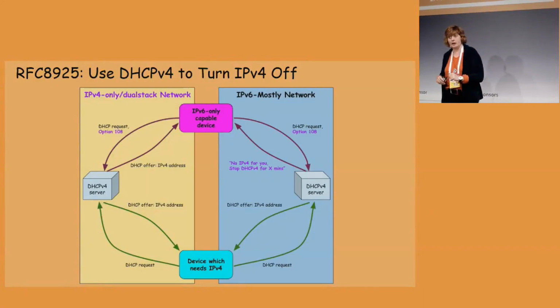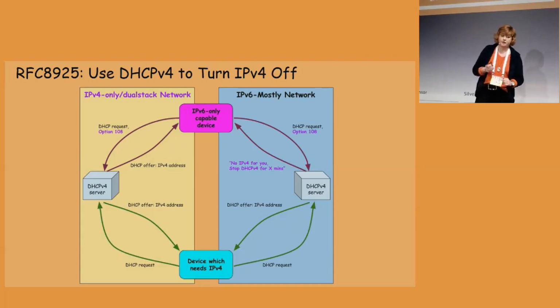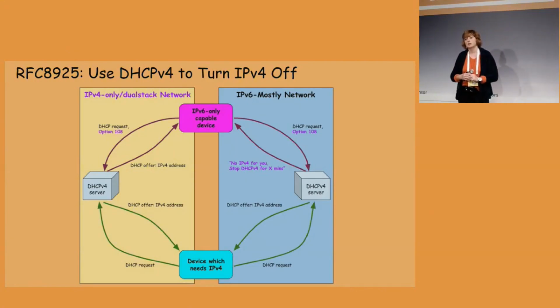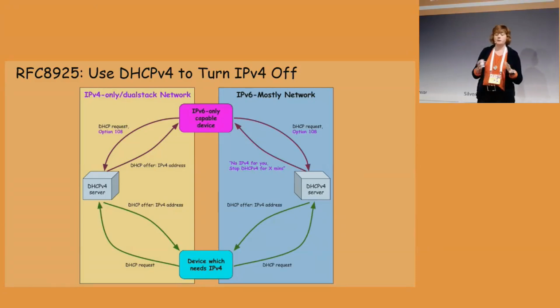If that device connects to my enterprise network, and it connects to the network segment which I already have converted to v6 mostly mode, then my DHCP server says, oh, for this network segment, I will return your option 108, which means shut up. Don't do DHCPv4 for a specified period of time, by default 5 minutes, be v6 only.